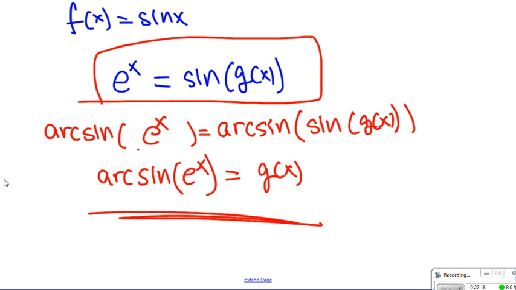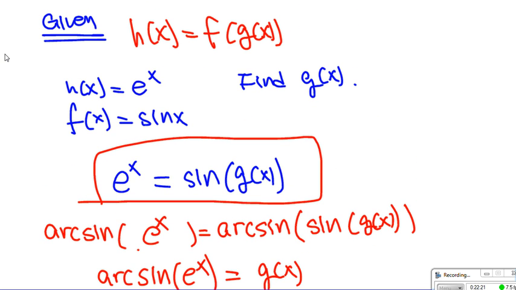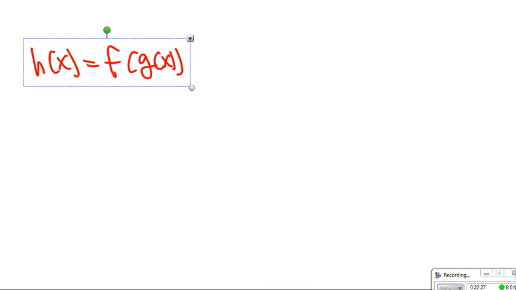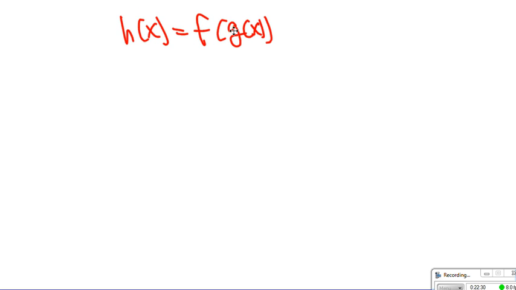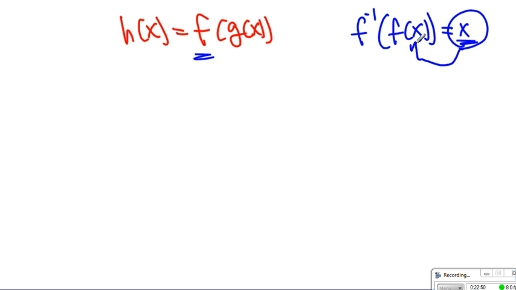Then essentially, what's actually happening in this second case? Let's look at the general case together. Once again, given this, what we want to do here is get rid of f. Once again, by using the idea that an inverse and the original function, when they're composed together, simply give us x, meaning the value inside.